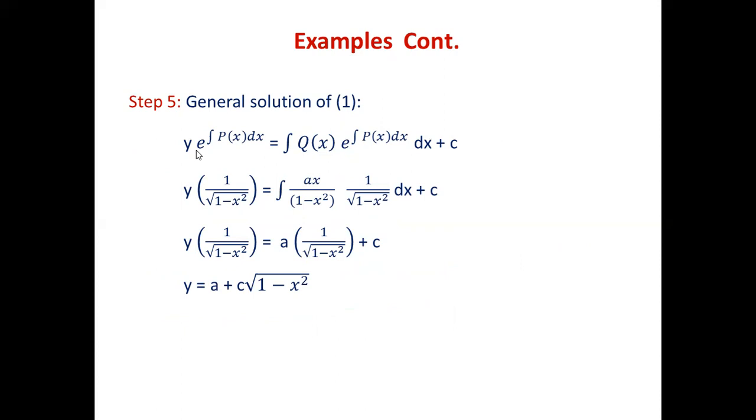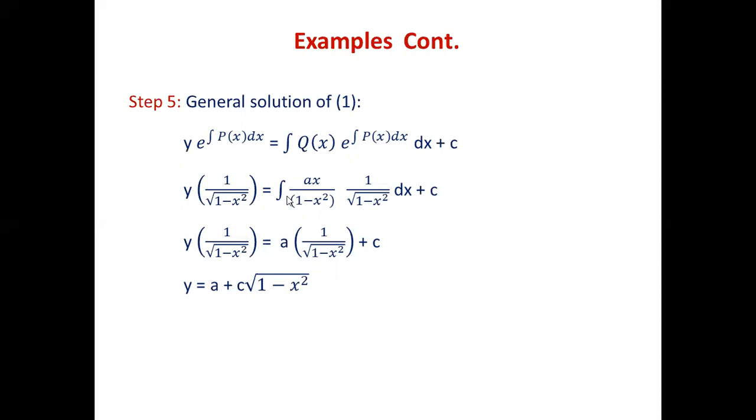So y, and this is the integrating factor we just found, which is 1 by root of 1 minus x square, is equal to the integral of, in place of q of x, we write ax by 1 minus x square, and e power integral p of x dx is the integrating factor.